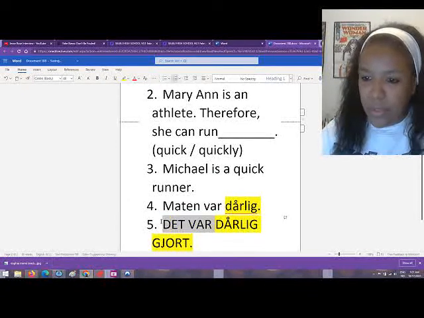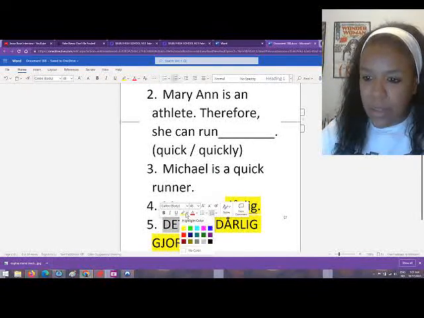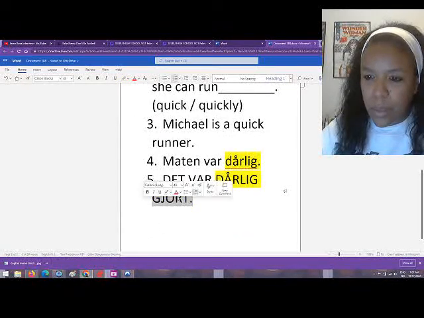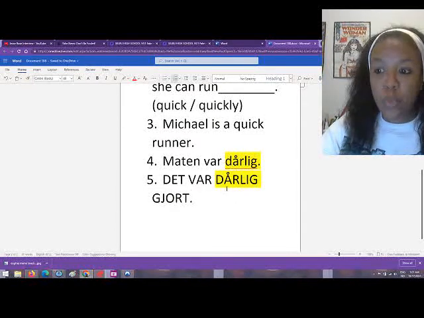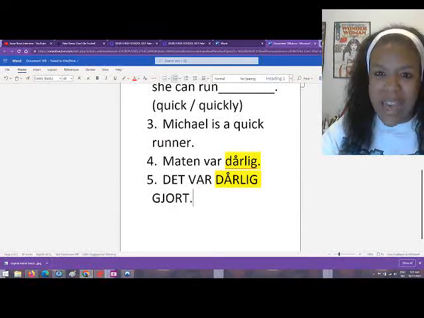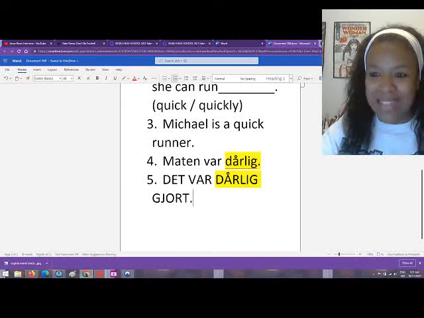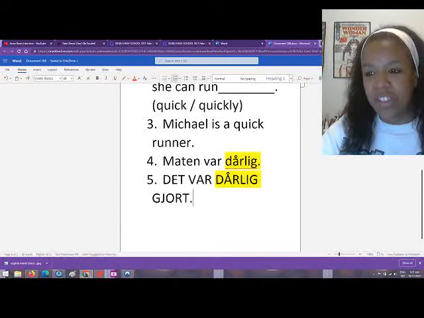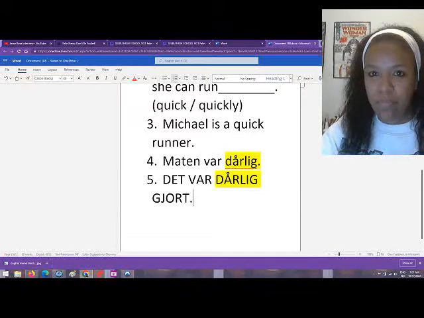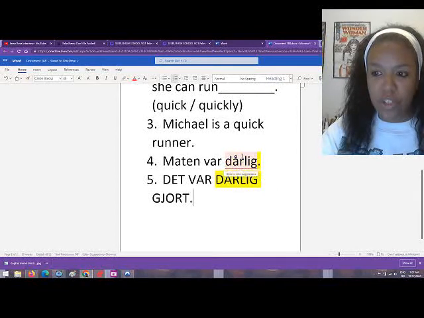I'm going to remove the yellow so you can take a look at it. So the same word means bad and also badly. How something was done. How something was done is the adverb. But in Norwegian, it's the same word for how something was done and for how something was.